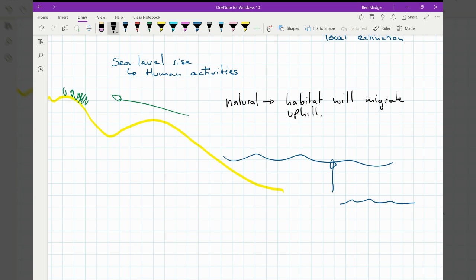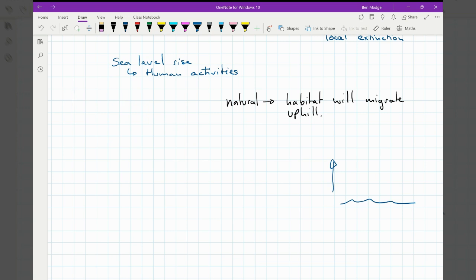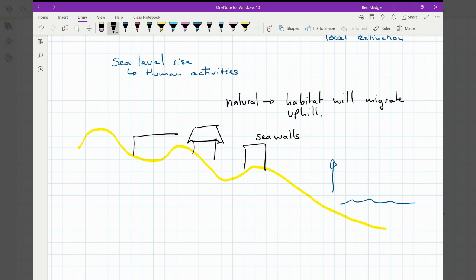However, if humans build things like seawalls or coastal defences, like hard engineering, because there's important industrial or agricultural land behind it that they want to protect, as the sea level rises, there is no space for this habitat to migrate.